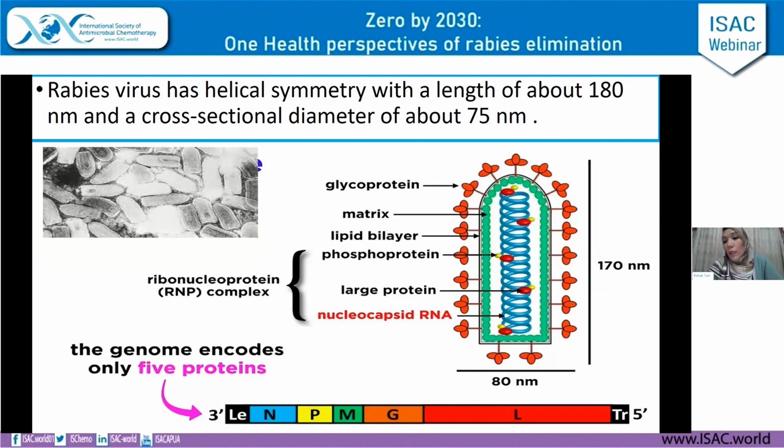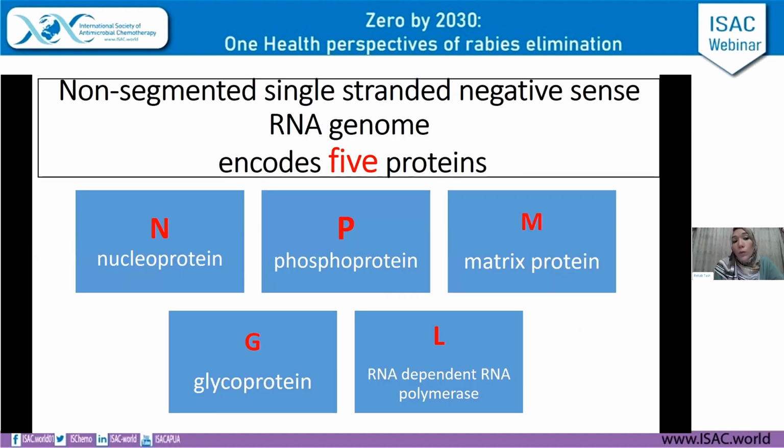Here is the diagrammatic form of the structure. The glycoprotein interacts with the cell receptor, the nicotinic receptor, mediating cell entry. The RNA genome codes for 5 proteins.